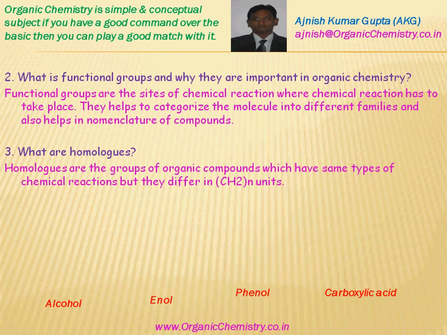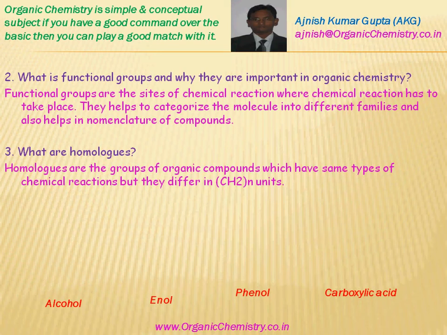What are homologues? Homologues are the group of organic compounds which have the same type of chemical reaction. This is important. Homologues must have the same type of chemical reaction, and they differ in (CH2)n units and n may vary from 1 to infinite.